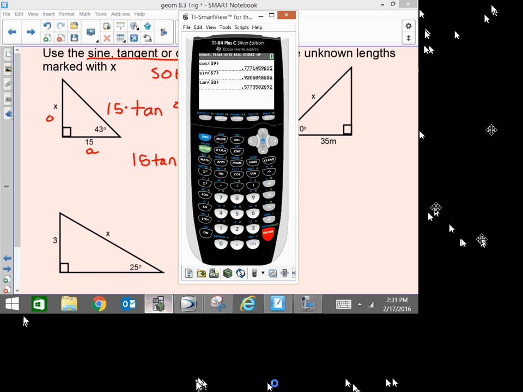Let's just look at our number and we'll make a decision. Just get used to closing that parentheses off. I know it doesn't matter at this point, but it will eventually. So 15 times tangent 43 is, let's go to nearest whole.